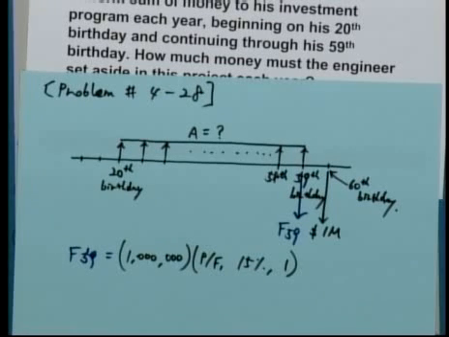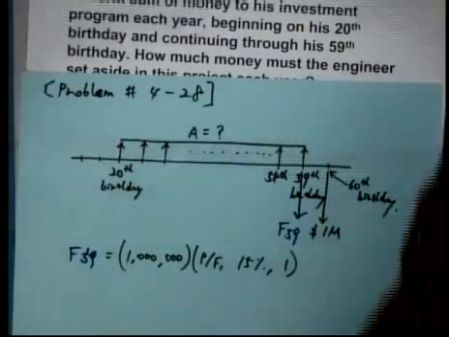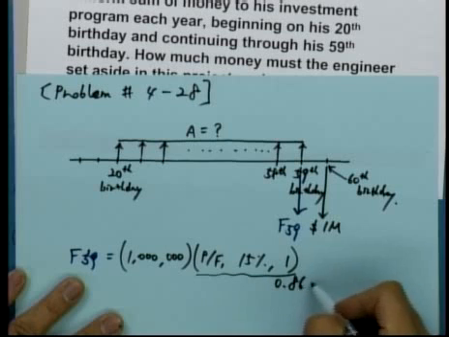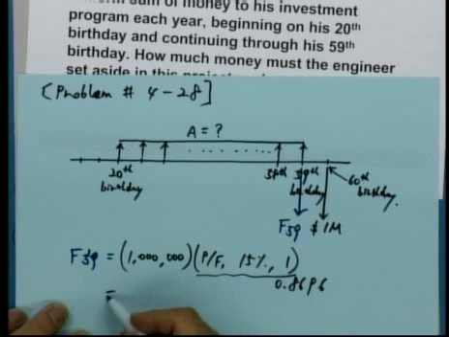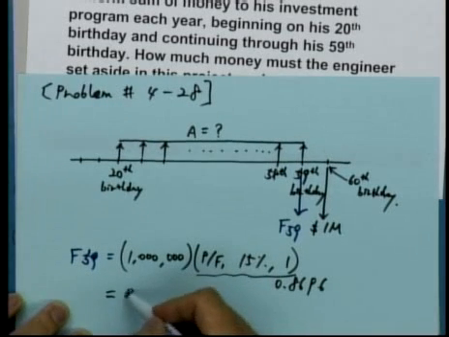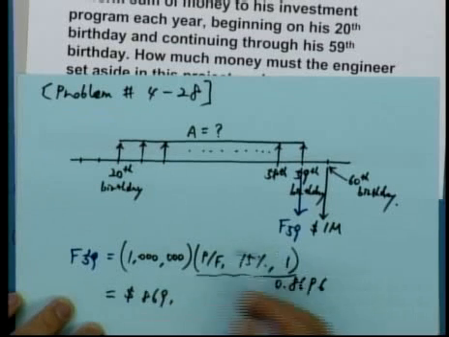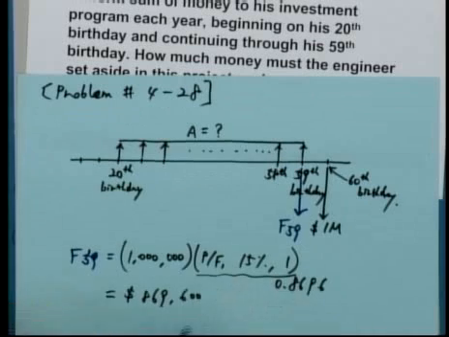Over one period would be 0.8696. So this value is 0.8696. So how much is that? It's going to be $869,600. Okay.